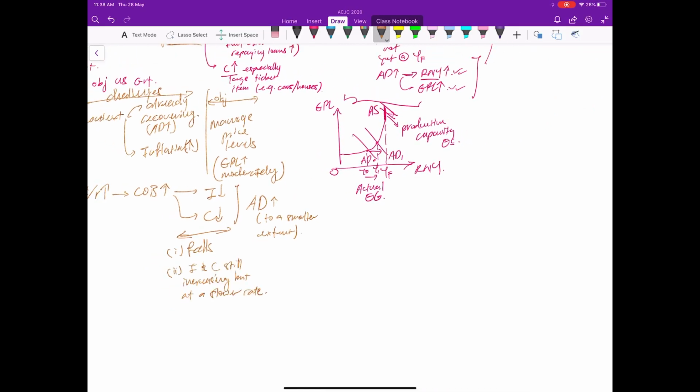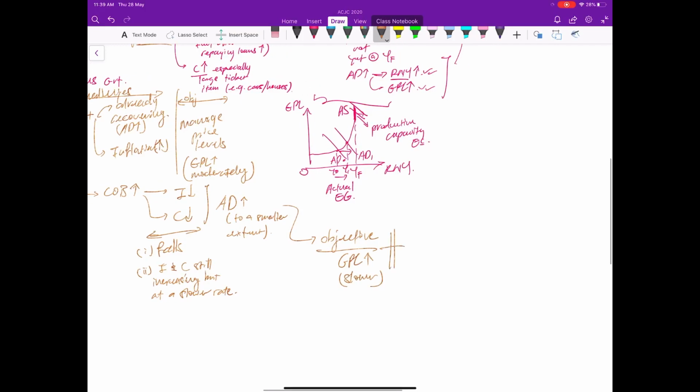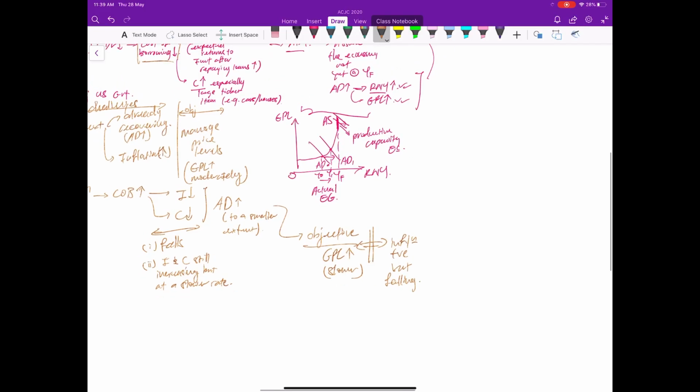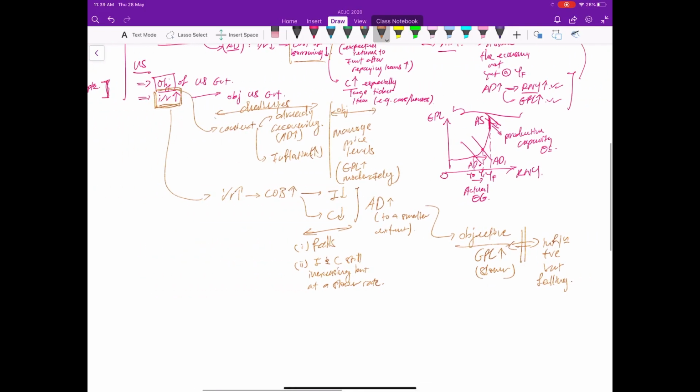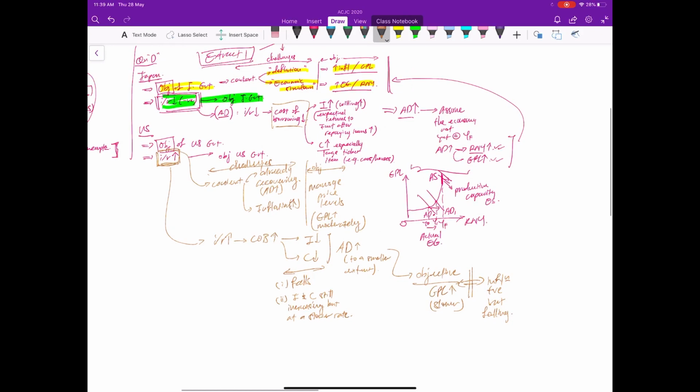And why is this important? Link this to the objective. Your GPL may still increase but slower. So this is the same as saying the inflation rate is positive but falling. This is the objective of the US.